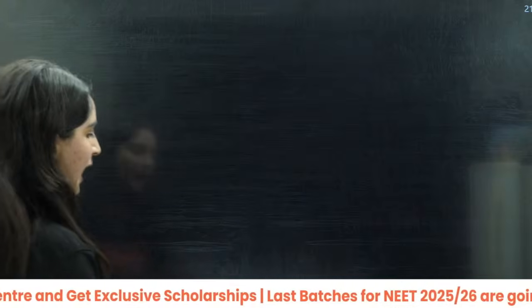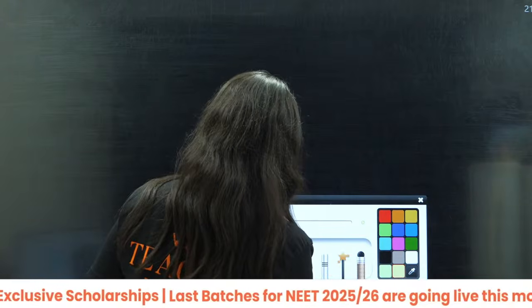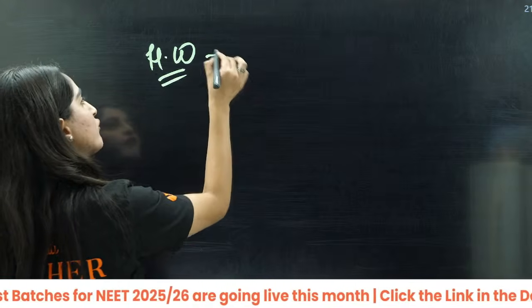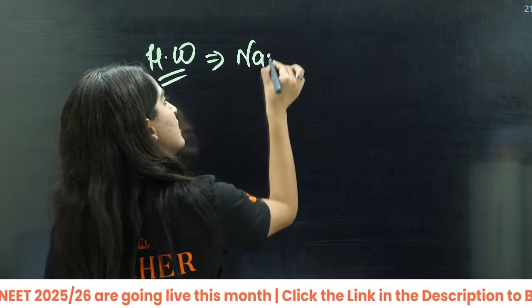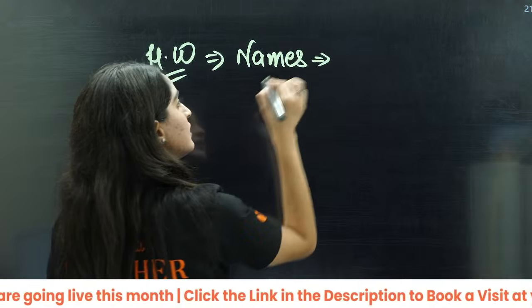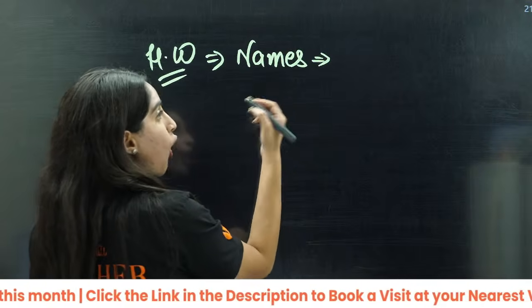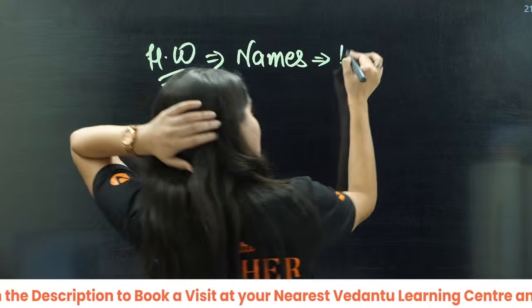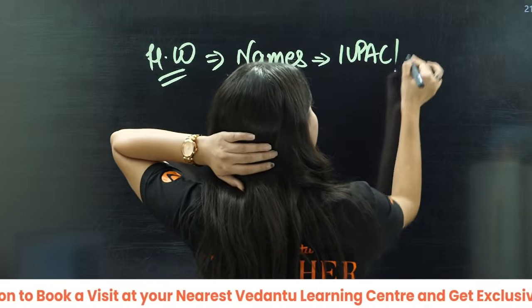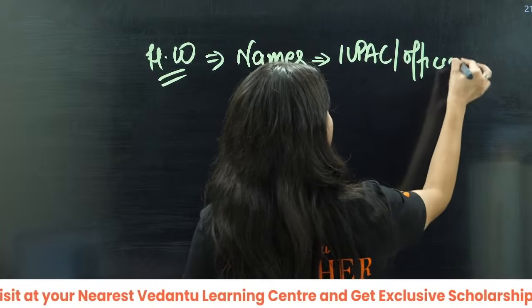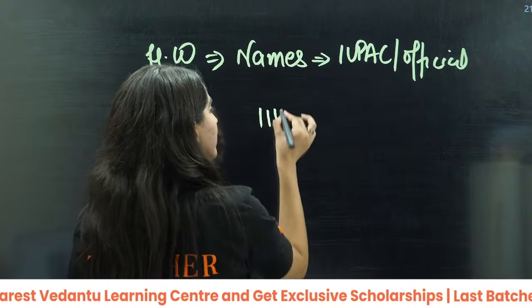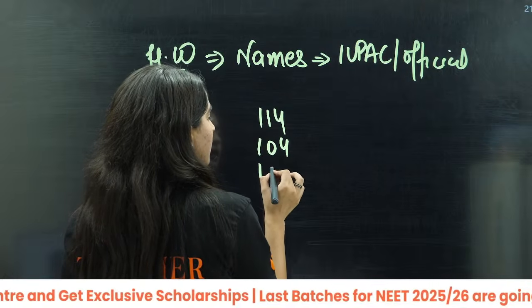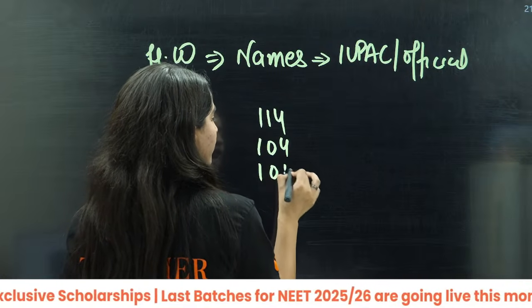So now I have a homework question for you. I want all of you to do that. You have to write the official name as well as the IUPAC name of elements 114, 104, 105.